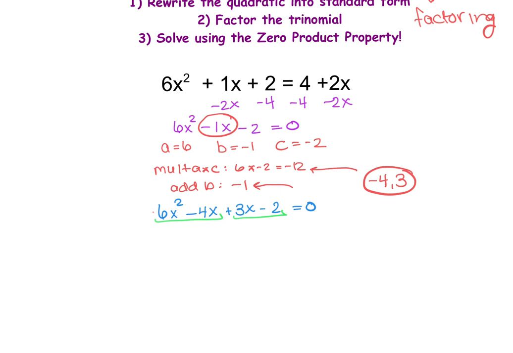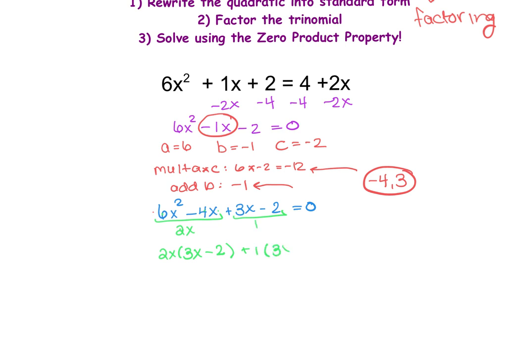This first pair, they're both divisible by 2 and contain 1x. 6 divided by 2 is 3, and then there's 1x left. Negative 4 divided by 2 is negative 2, and the x's cancel. Then if I look at the second pair, I see that their greatest common factor is 1, so that's all I'm going to factor out there.